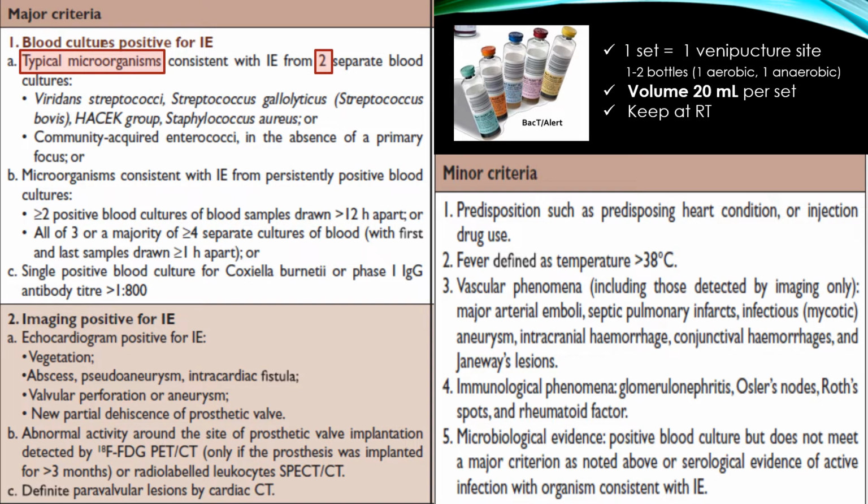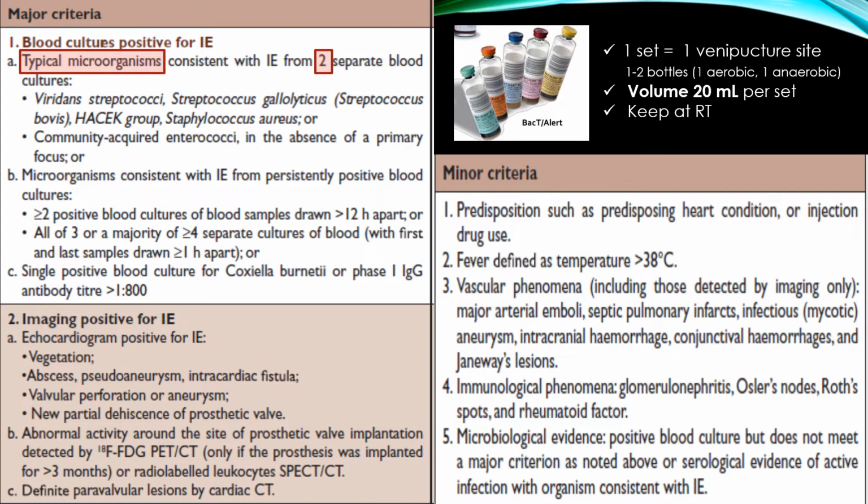When you take blood cultures, we call one set, two sets, three sets. One set means one venipuncture site, maybe 1 to 2 bottles. In the US or other countries in Europe, it is 2 bottles consisting of 1 aerobic blood culture and 1 anaerobic blood culture. But in our country, in many institutes, anaerobic culture requires a specific incubator, so we don't do it.